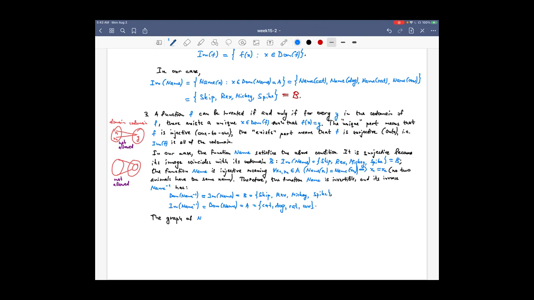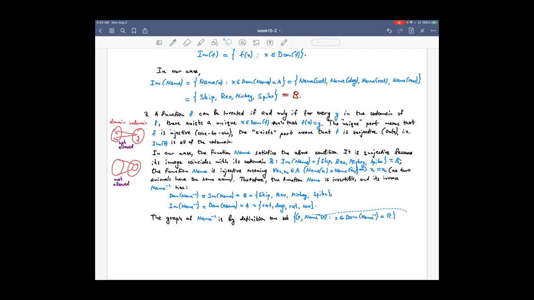Well, the graph of the inverse function to name is by definition the set of pairs x comma inverse to name of x, where x belongs to the domain of the function inverse to name, which we know is simply the set B.